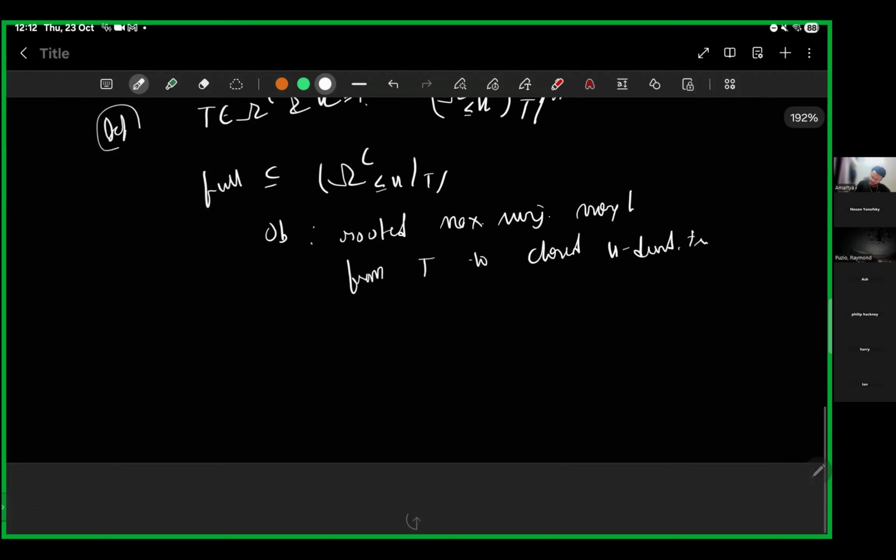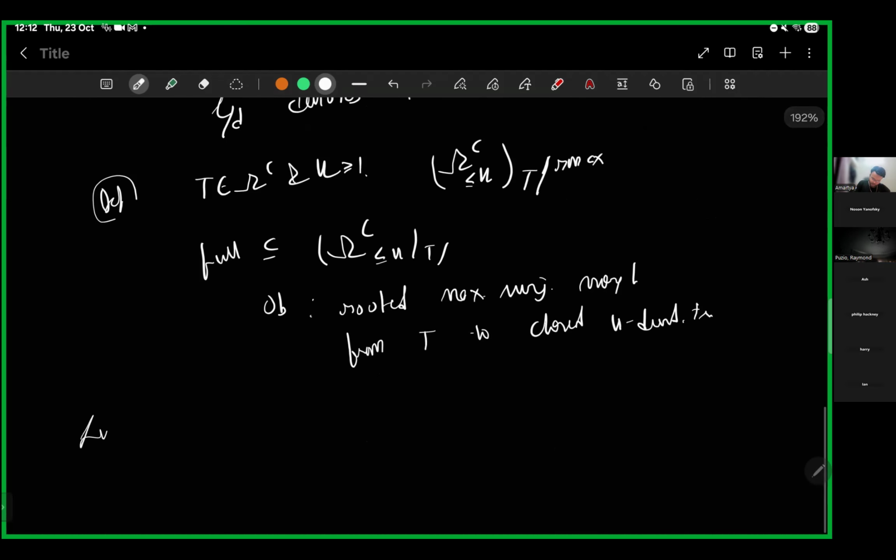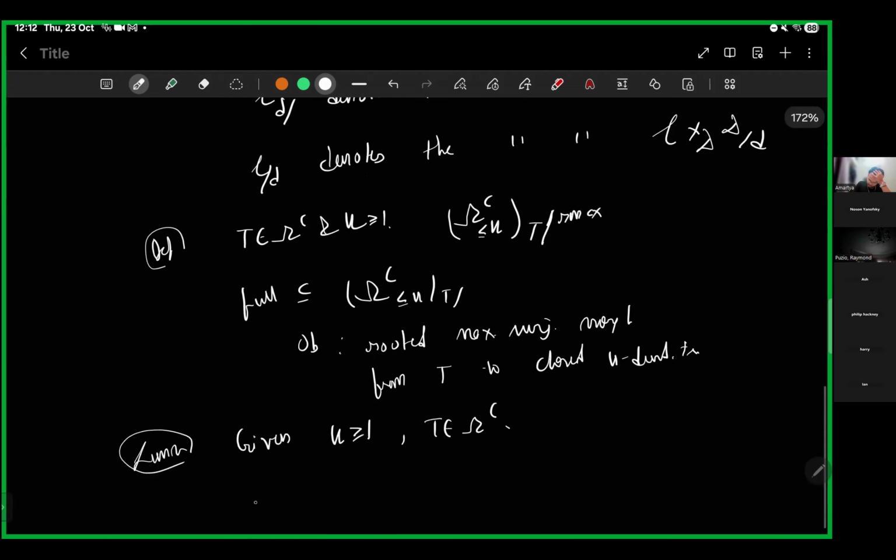Here's the lemma that I'm going to use in the proof. Given k greater than or equal to 1, and T a closed tree, you have an adjunction.